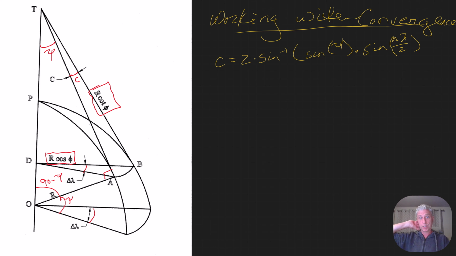At best, on a ship, they might have had an abacus, or later maybe a slide rule and some sine tables. But the arc sine of a product of sines is not something they could readily do on a regular basis to calculate the convergence every time they needed to correct an angle so they don't start spiraling toward the North Pole.